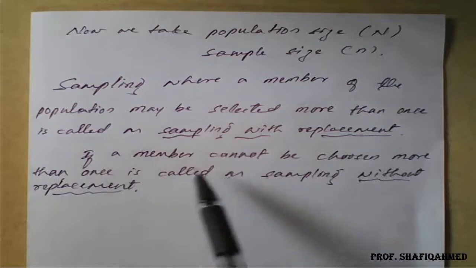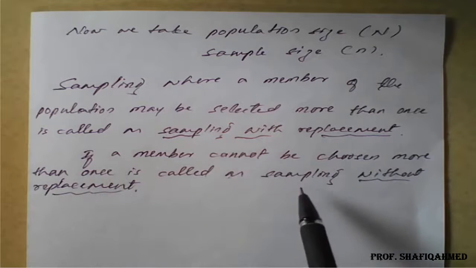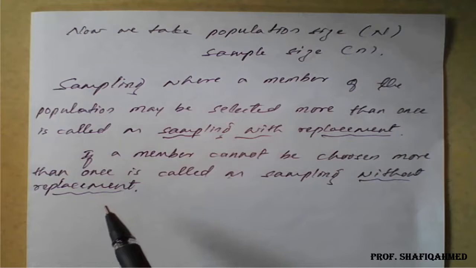If a member cannot be chosen more than once, it is called sampling without replacement. Here I have tested only once and then concluded whether to purchase that sweet or not. Only once I have tested and finalized whether to purchase that sweet or not.